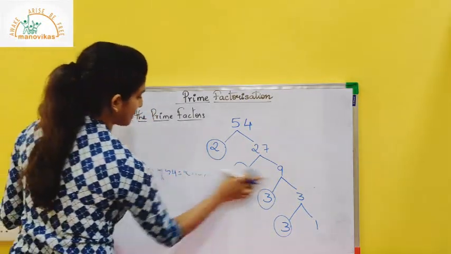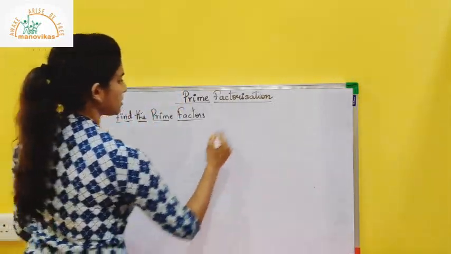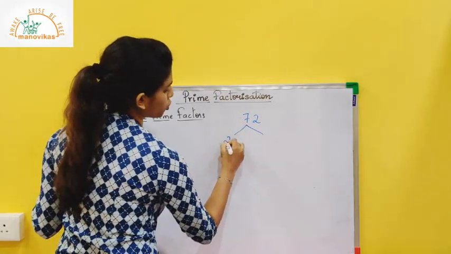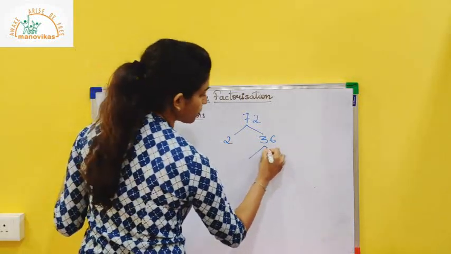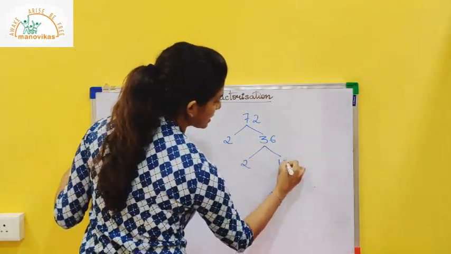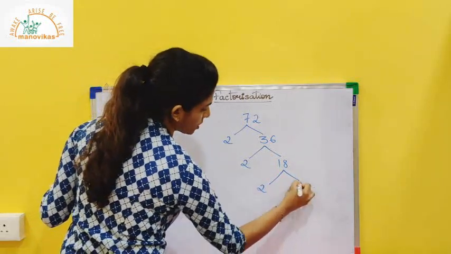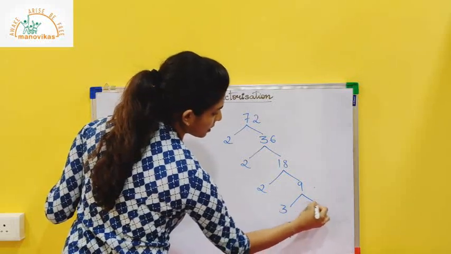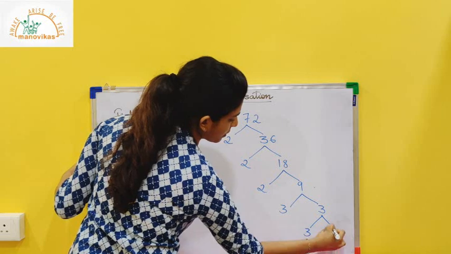Okay, let's take one more example. 72. So 2 36s is 72. 2 18s is 36. 2 9s is 18. 3 3s are 9. 3 1s are 3.